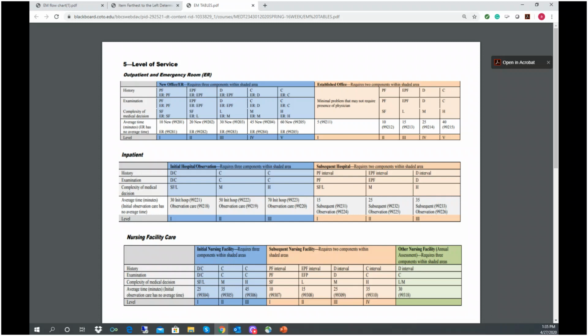But you're still going to have to utilize tools to calculate the visit, because they don't all provide all the elements. You're going to have to utilize your tool to determine what was the level of HPI, what was the level of exam. So you may have to do that, as well as medical decision making.